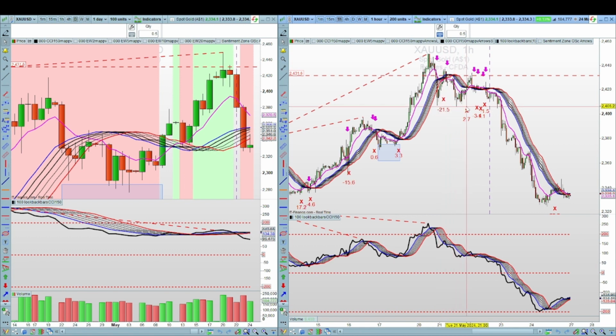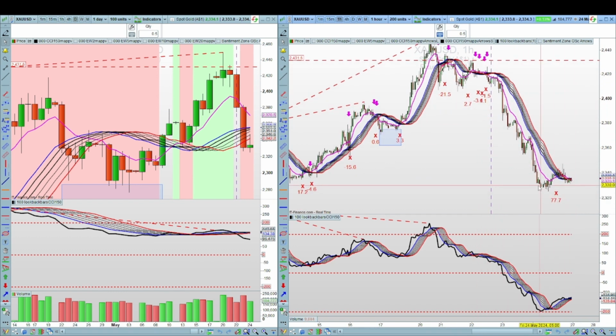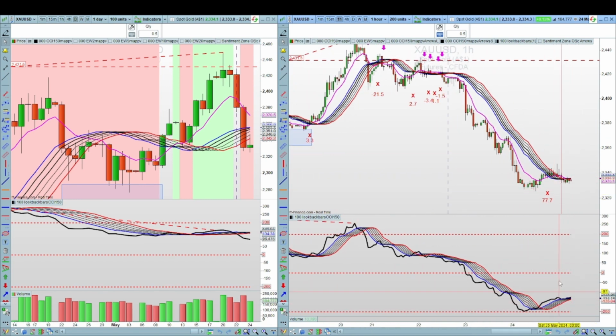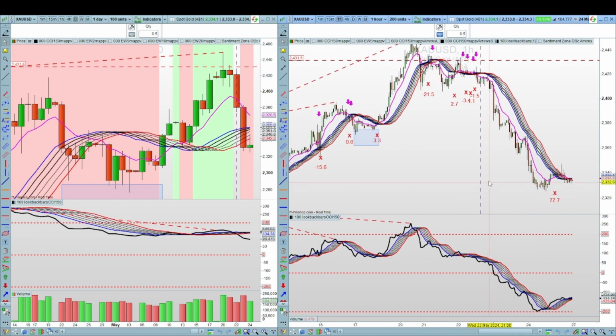Around about there, you would have taken some short positions in that area, and at that point you would have generated 77 points of profit if you're going short only. So we don't take long trades. Even though it's broken above now, we don't take long or short trades, because we wait for the next break below the moving averages of the CCI 150 before taking further short positions.